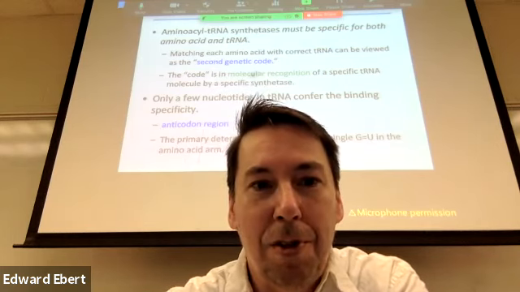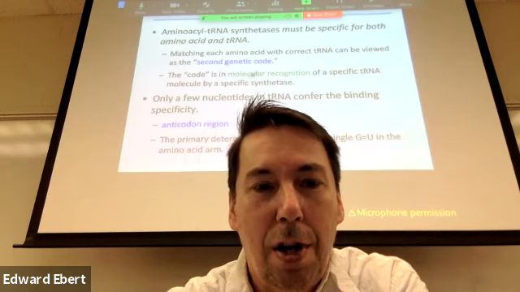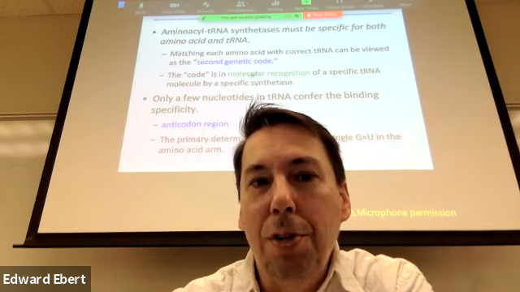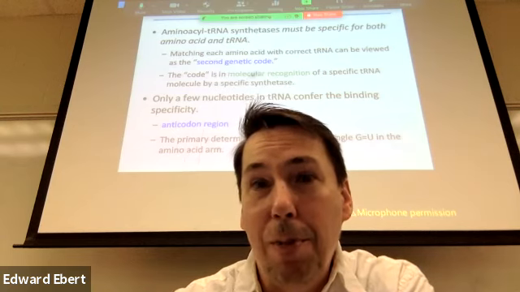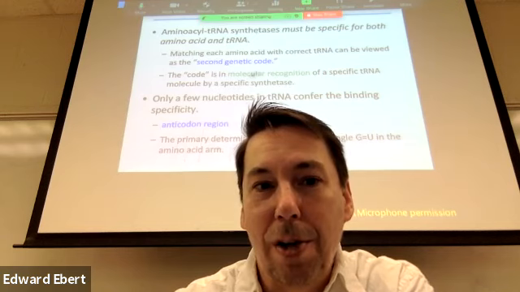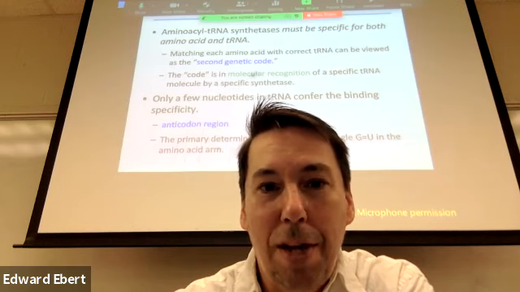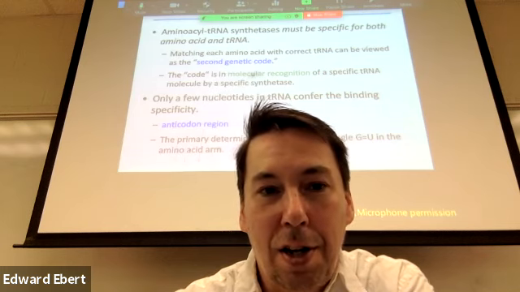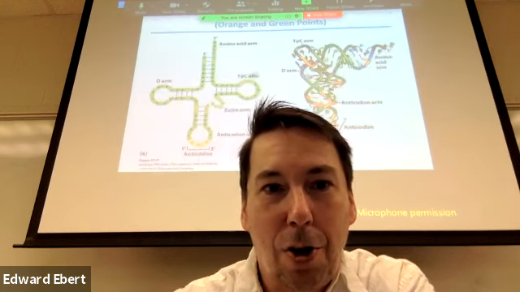So we have this very specific recognition in there. So the funny thing is, very few nucleotides in tRNA are involved in the binding specificity, and this is our anticodon region. And then we have the single guanine, uridine, and the amino acid arm in there.